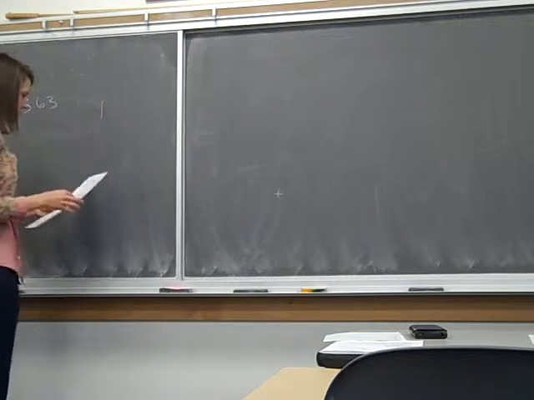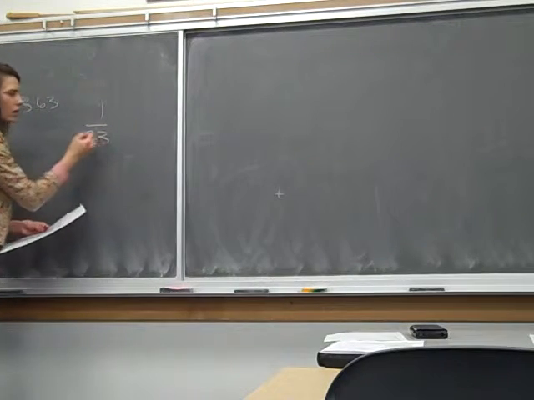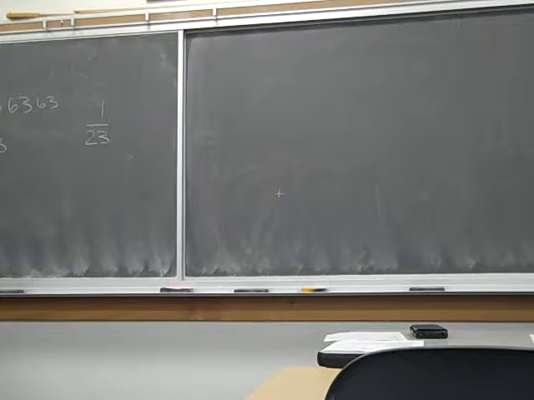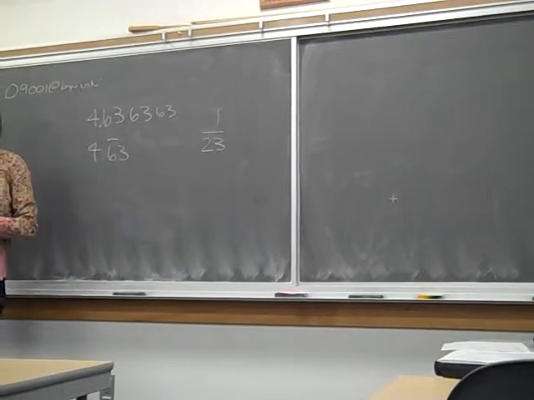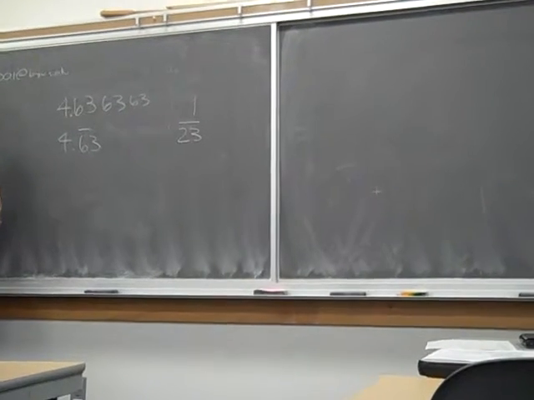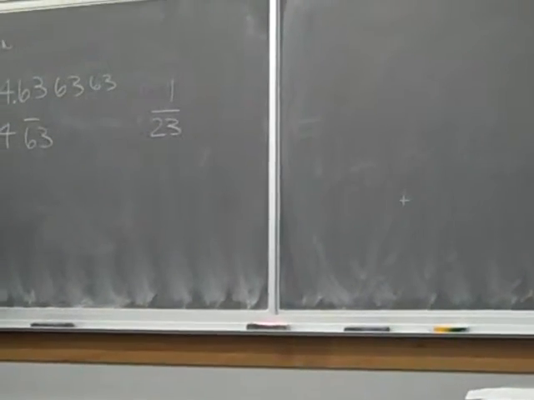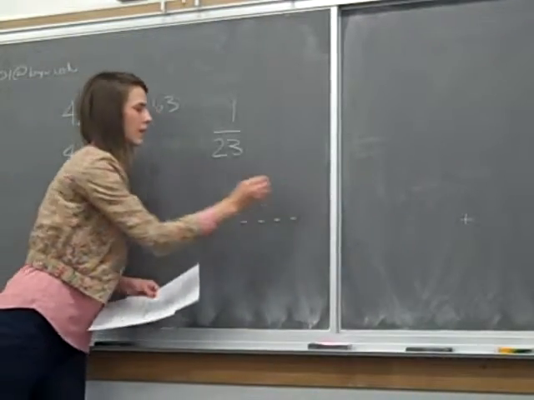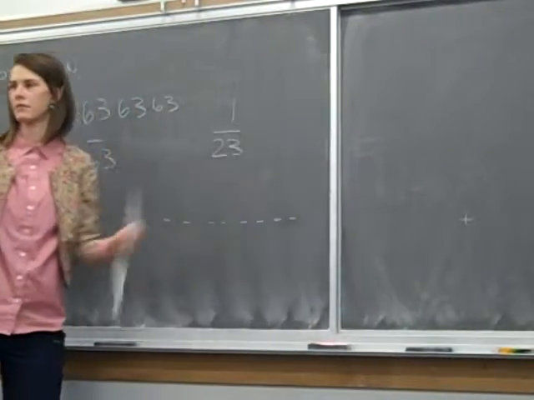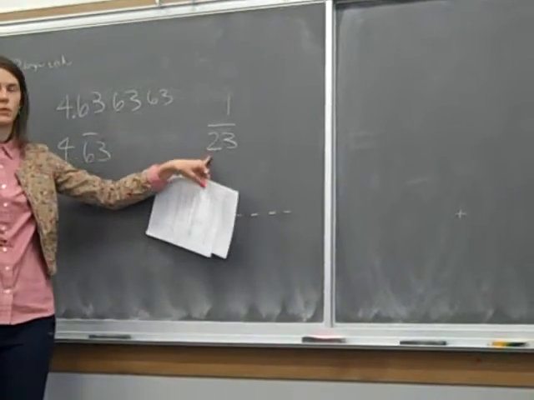So that was a lot of math words in there. So what is he asking? How many digits a decimal will go until it repeats again? Okay, so he's saying we're going to have this amount, and then it's going to start repeating that pattern. So he's asking for 1 over 23.